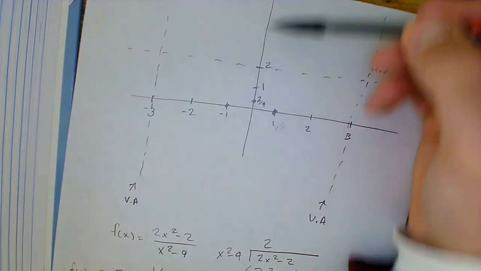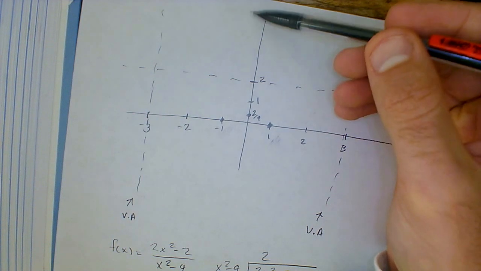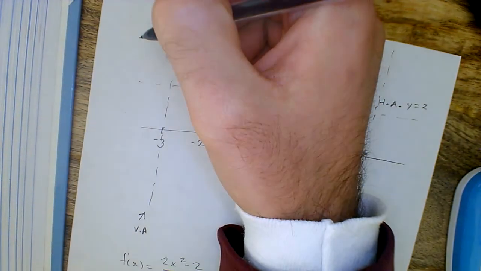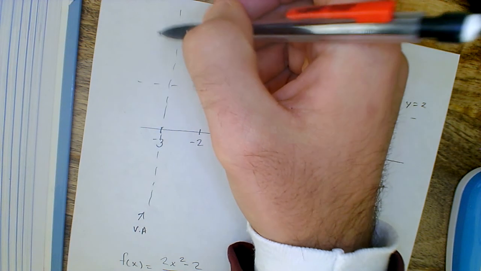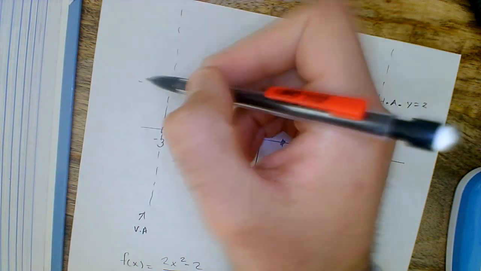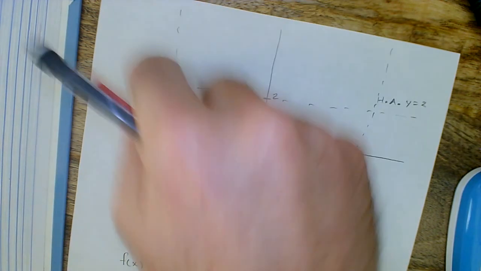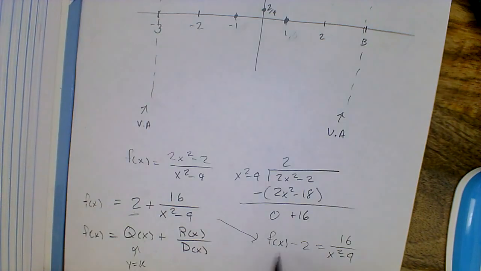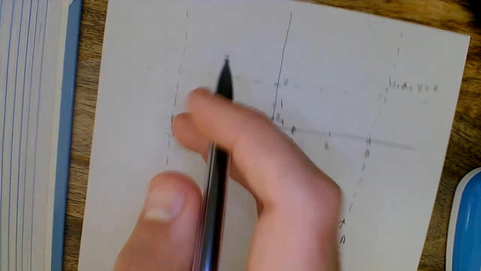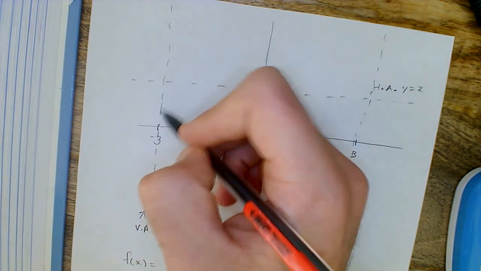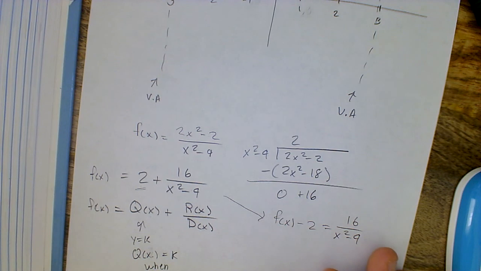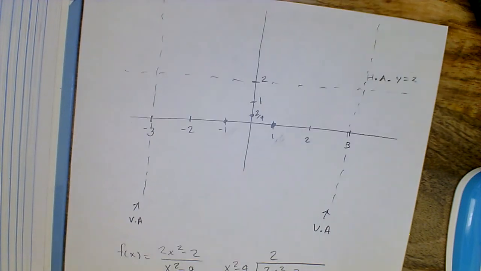So if I put in an x value where the difference between my function outputs and my horizontal asymptote were positive, then it would be on the upper side of the horizontal asymptote. If my function values in this interval minus the horizontal asymptote were negative, then they would be on the lower side of the horizontal asymptote.